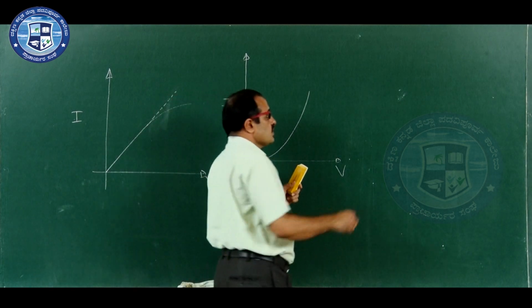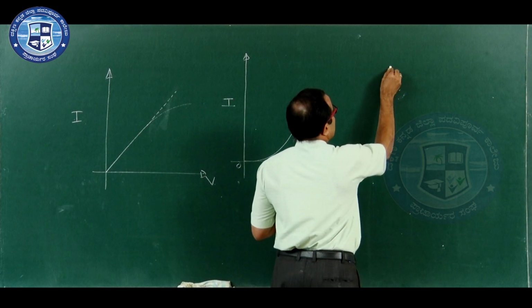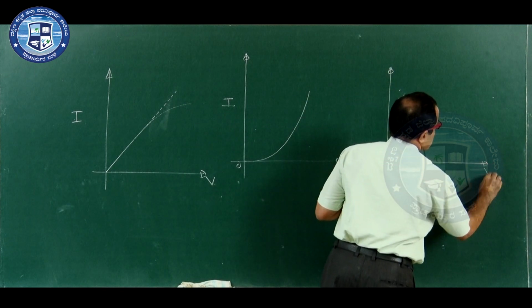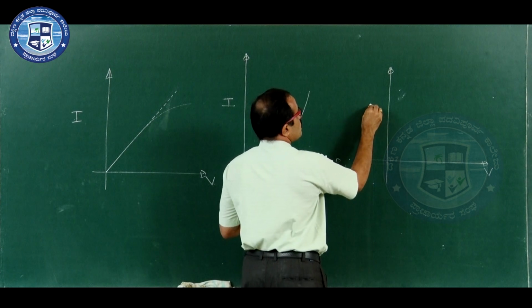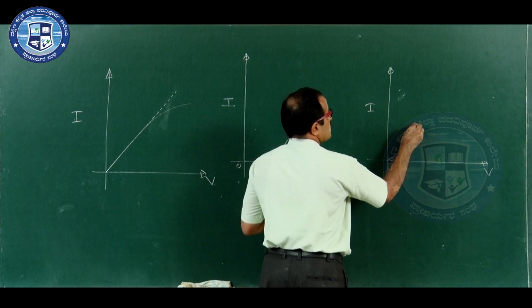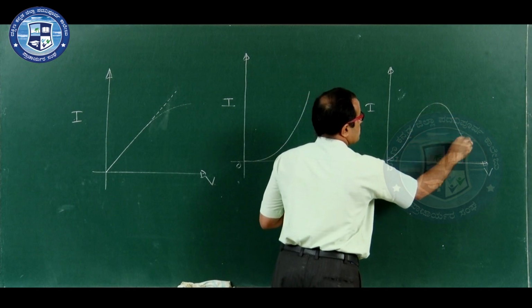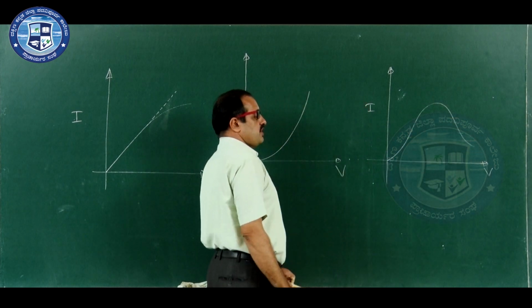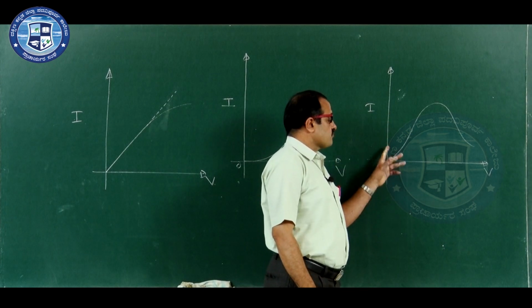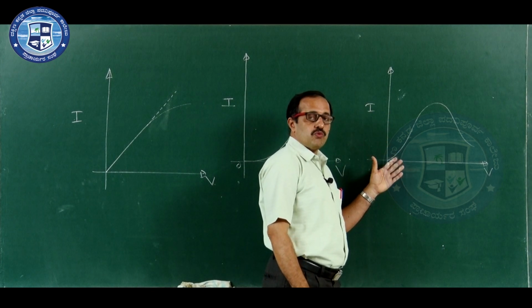And if you take some other type of semiconducting materials, the graph of V versus I may be like this. It is a very typical graph. So, it is not a straight line, means it is not obeying Ohm's law.